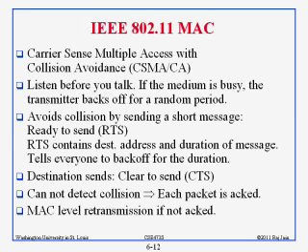All right, CSMA-CA. Listen before you talk. If the medium is busy, the transmitter backs off for a random period. It avoids collision by sending a short message, RTS, and tells everyone to back off for the duration. The destination sends clear to send. You cannot detect the collision, so every packet is acked, and the MAC level retransmits if not acked.